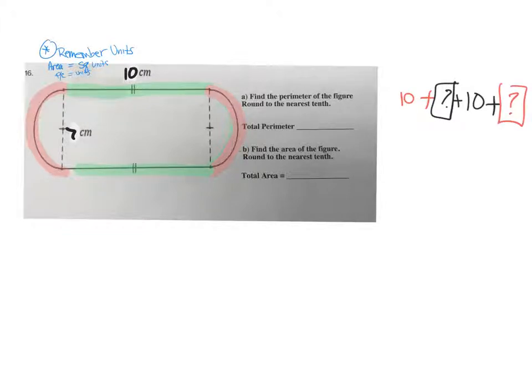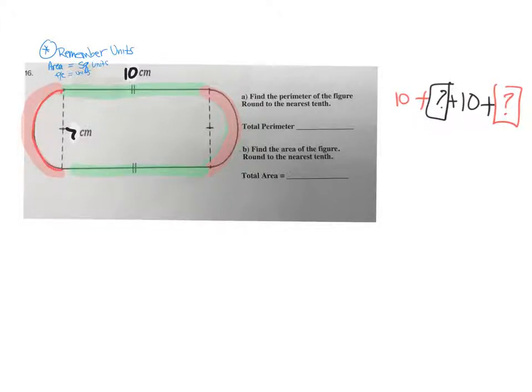That unknown, if you recall, is actually one of the half circles here and one of the half circles here. And because there are 2 halves, that makes up what? One whole. So you really want to know the circumference, or the distance around that whole circle.